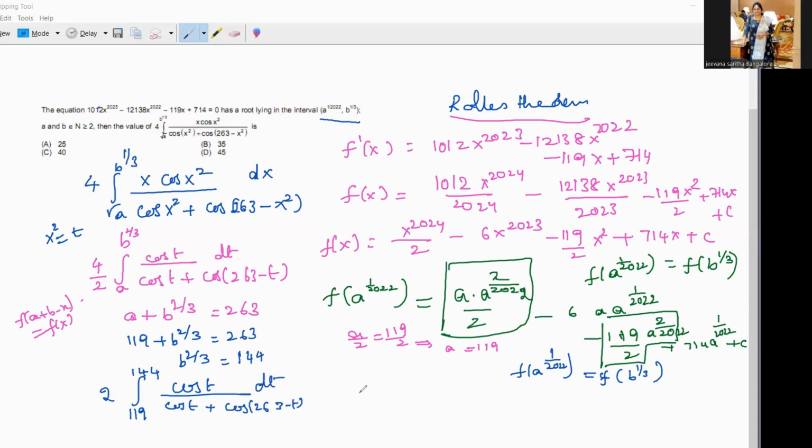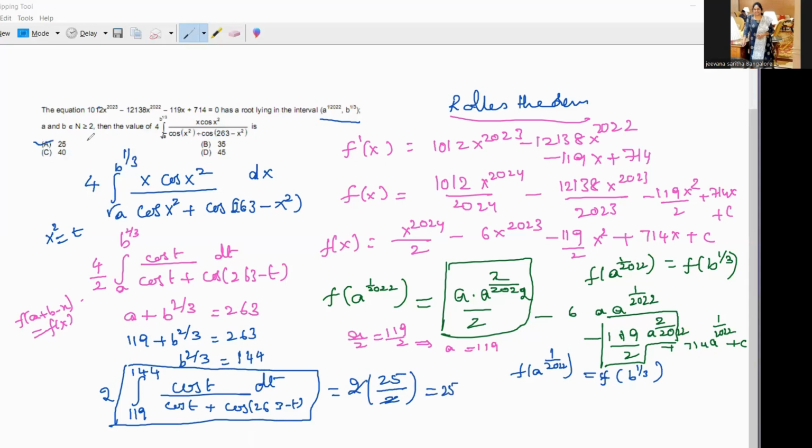If I find the value of this integral, I would get 25 over 2, because the difference of the limits is 25, and then we evaluate it for 2i. So this should give you the answer as 25.